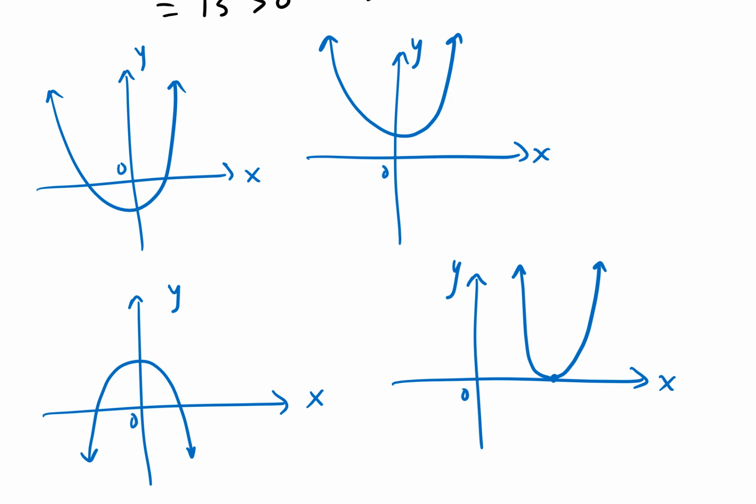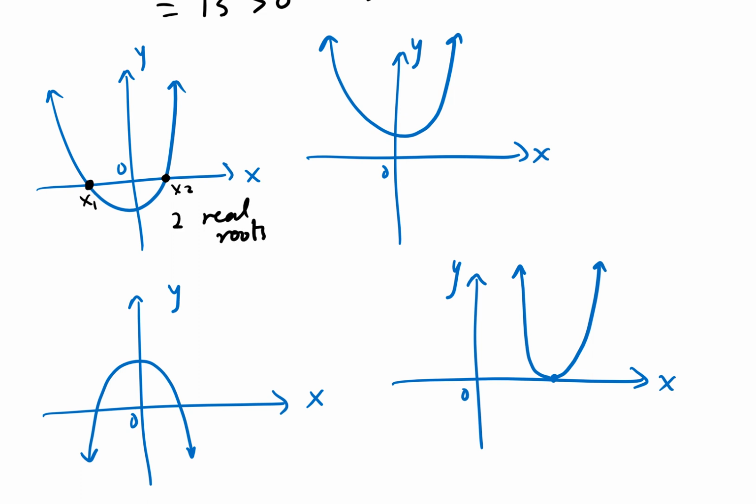So here it has two distinct real roots. It's where the graph crosses the x-axis. It crosses the x-axis at 2 points, call them x1, x2. So this has two real roots.